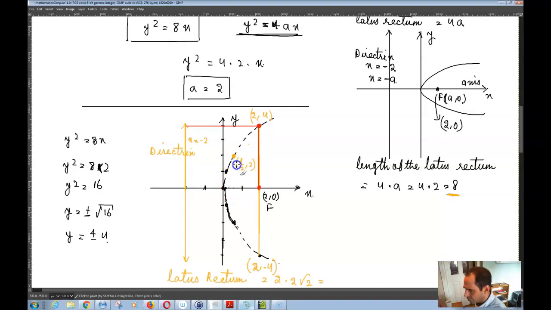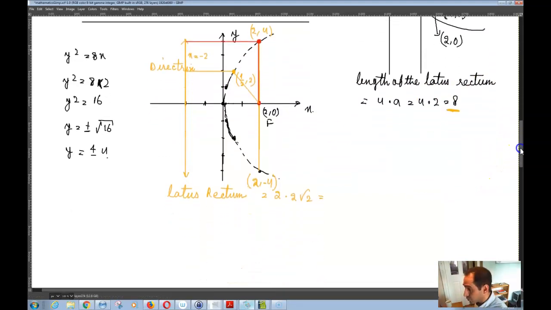And if I draw a line over here to the focus and a perpendicular to the directrix, I have these points over here. Call it, for example, C, F, and B. Now, CF is supposed to be equal to BC.